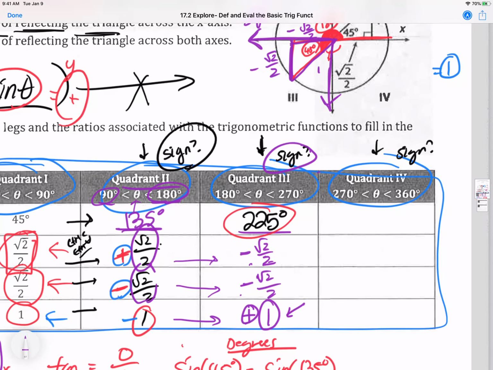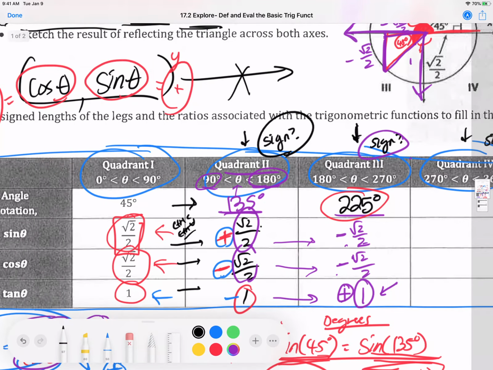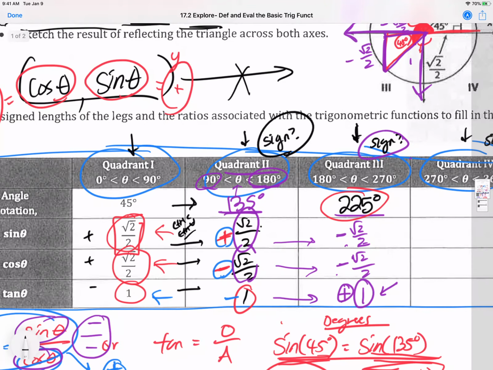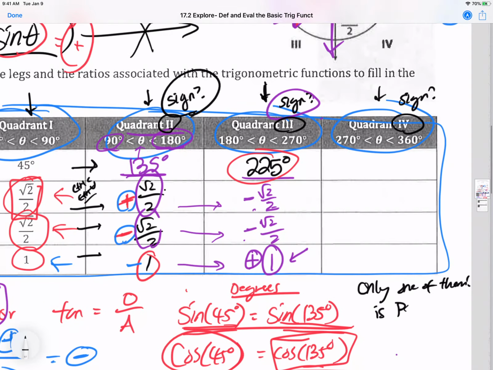Quadrant 1 will have everything to be positive. That should be said without a doubt. Starting from quadrant 2, 3, and 4, only one of them is positive. So for example, sine was positive here, tangent was positive here, and hopefully that should give you an idea as to where the positive value will be in the fourth quadrant.